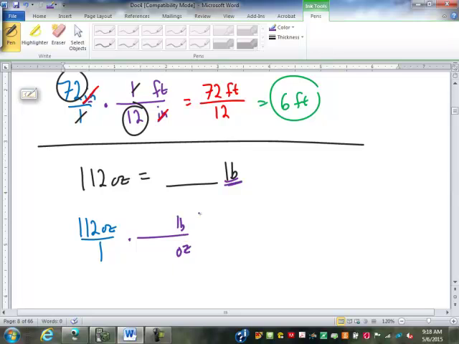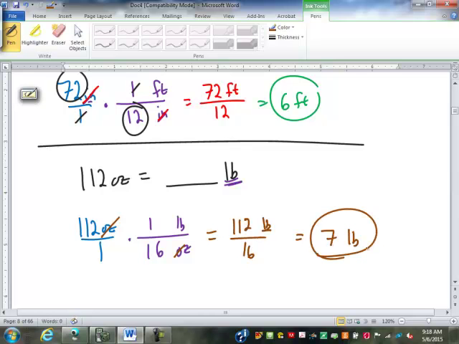And our relationship between pounds and ounces? 1 pound is 16 ounces. So the ounces cancel out, and we can multiply straight across. 112 times 1 pound is 112 pounds. 1 times 16 is 16. 112 divided by 16 is 7 pounds. Yep.